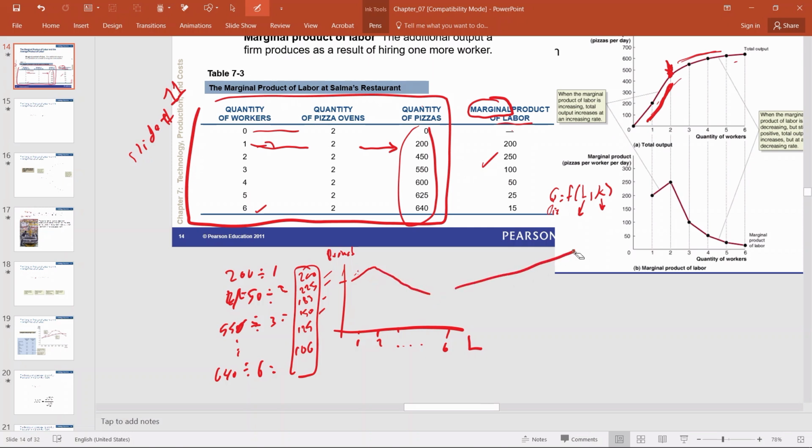So you will see something like this. What you see is that at the beginning, marginal product is greater than average. This is average product and this is marginal product. Then it reaches a maximum. Then when marginal product goes down, average product decreases.